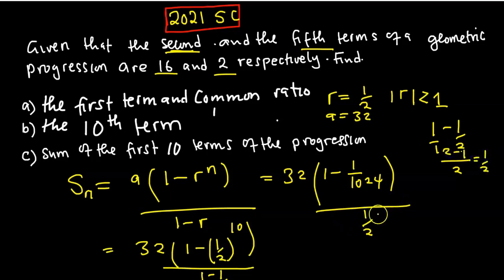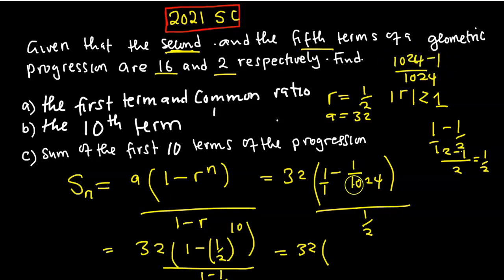Then now, for this one, what are we going to do? Let us deal with what is in the brackets there. So 32 times this. Right here also, we look at the lowest common denominator, which is 1024. Then 1 into 1024 is 1024, minus 1.